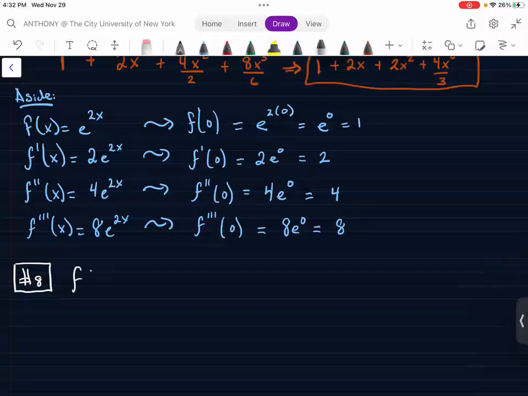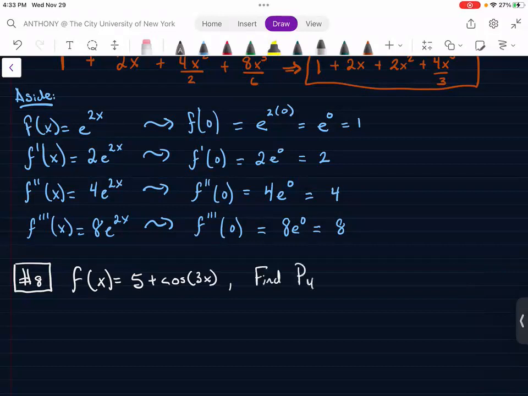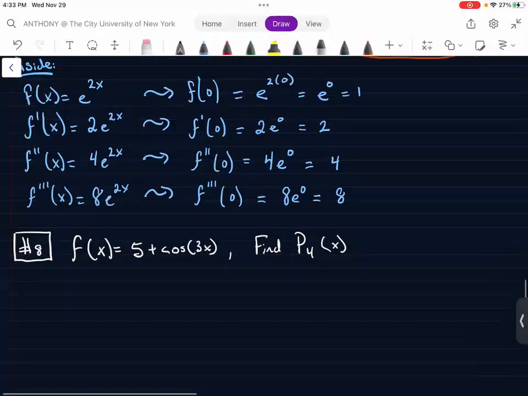So now you have f of x is equal to 5 plus, sorry, I wrote this wrong, 5 plus cosine of 3x. And then you want to find the 4th degree Maclaurin polynomial.